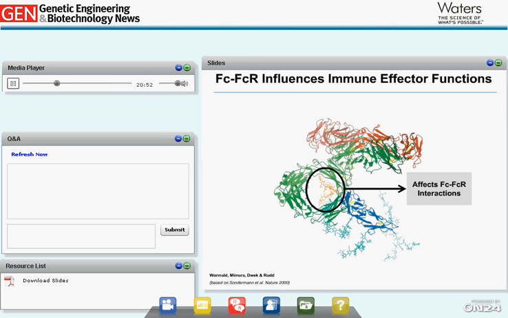So just to look at one thing which is particularly interesting, and this is the way that the glycosylation of IgG affects Fc gamma R3A interactions. So sideways is the IgG molecule with a circle around the sugars in the CH2 domain. And then in blue is the Fc gamma R3 receptor.